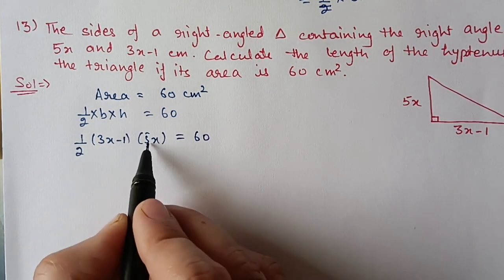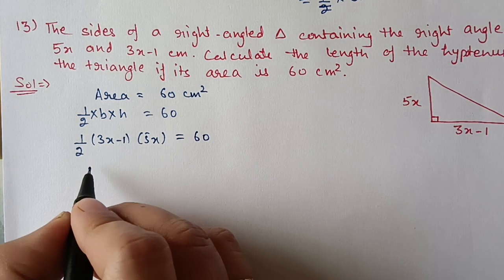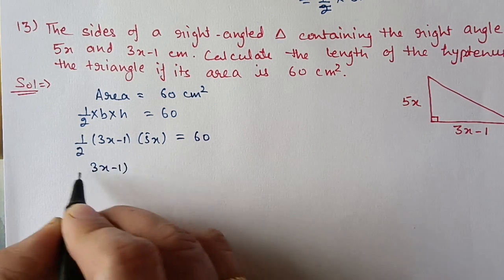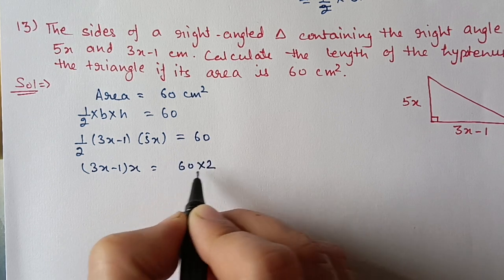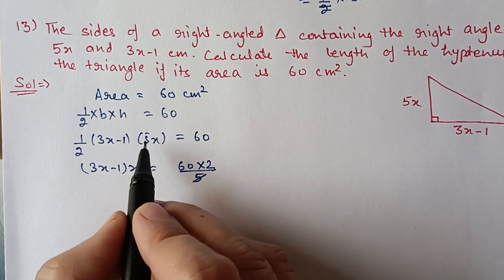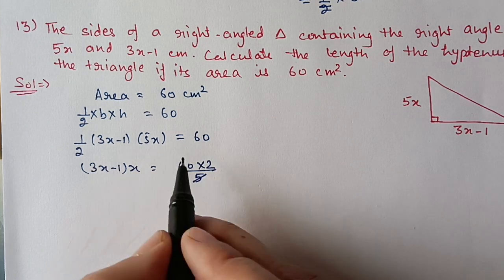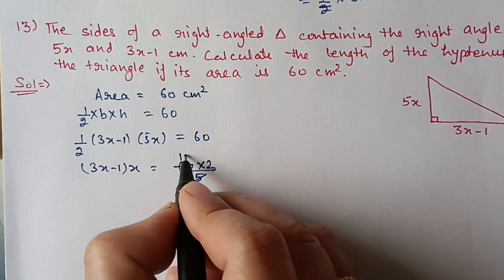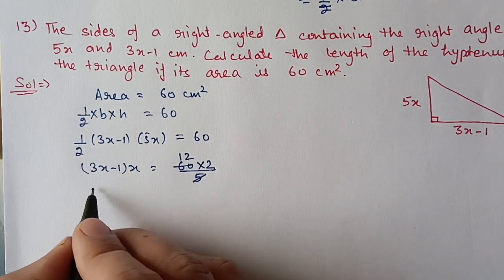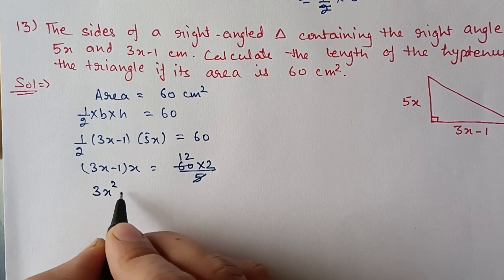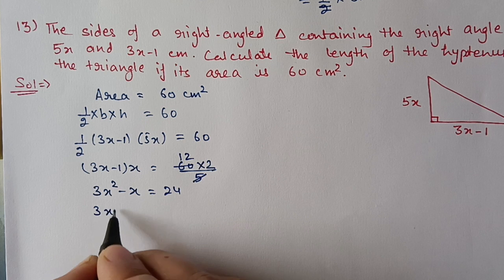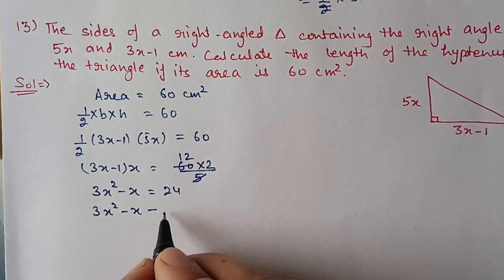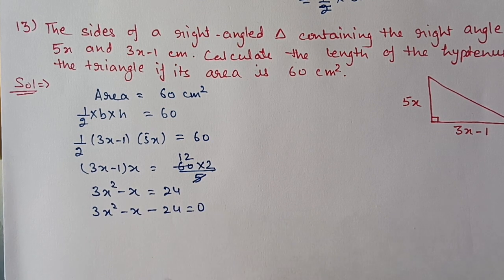So this 2 and this 5 we can shift to the other side. 3x minus 1 into x is equal to 60 into 2 divided by 5. 5 will come for division, 2 will go for multiplication. 12 times, it will cancel out. Multiply these two. 3x square minus x is equal to 24. 3x square minus x minus 24 equal to 0.